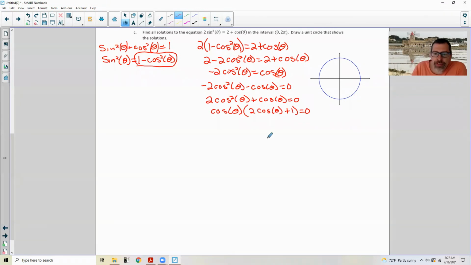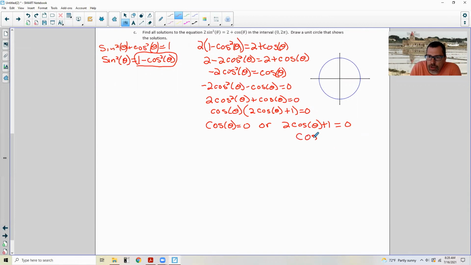Okay, so we have a product equal to 0. That is the zero product property. So either cosine of theta equals 0 or 2 times the cosine of theta plus 1 equals 0. To solve this for cosine theta, I would subtract 1 and then divide by 2.